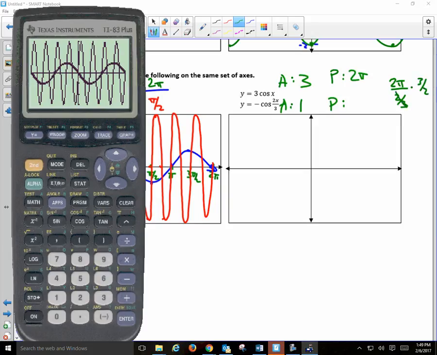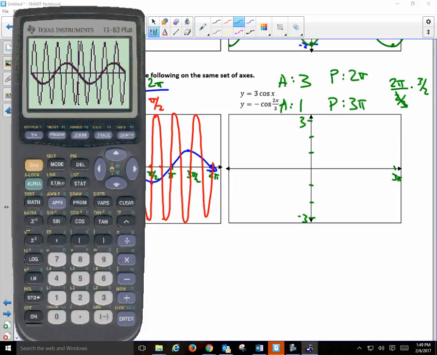And you can see that the 2's will cancel. I'll get 3 pi. Okay, so my y values, I want to go up to what? 3. Very good. And my period, I'm going to stretch that out to what? 3 pi.